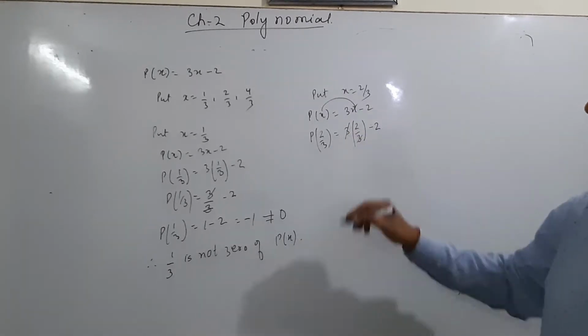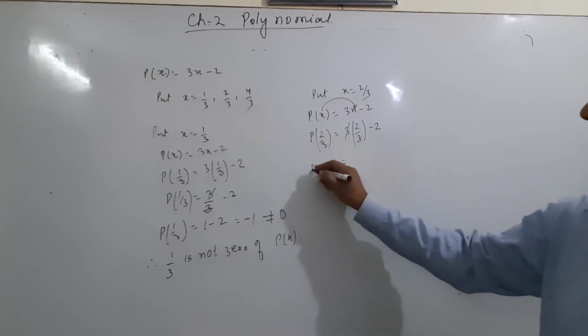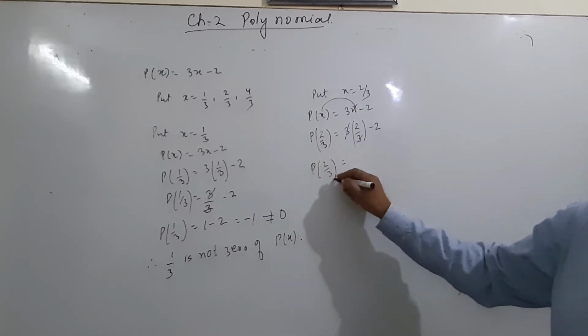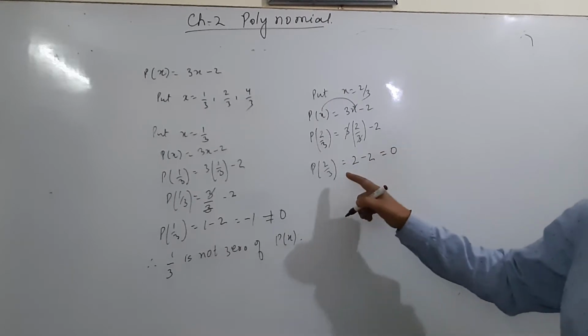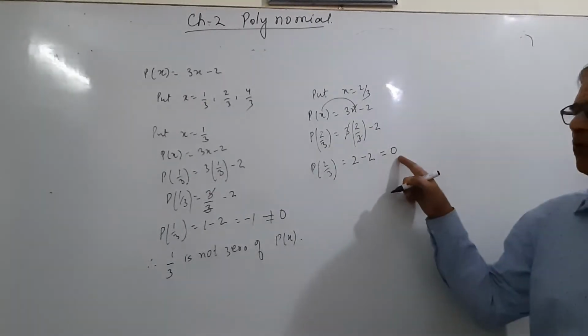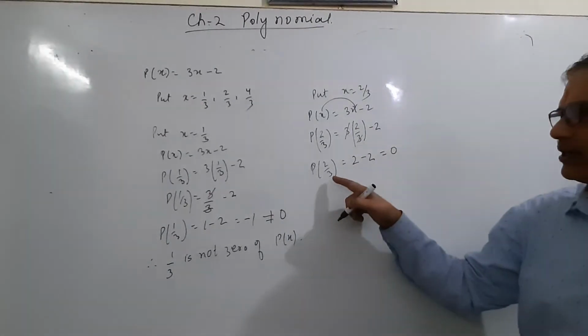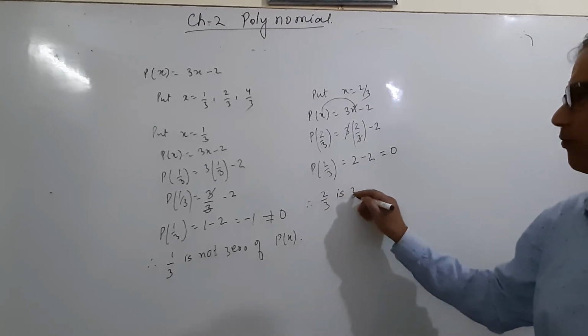The 3 will cancel, because they are multiplied to each other. What is your answer? P(2/3) = 2 minus 2, equal to 0. When we put the value of x as 2 by 3, the polynomial equals 0. Then we can say that 2 by 3 is a zero of P(x).